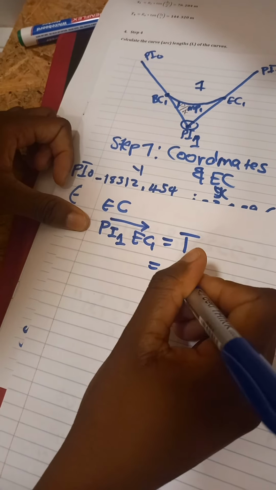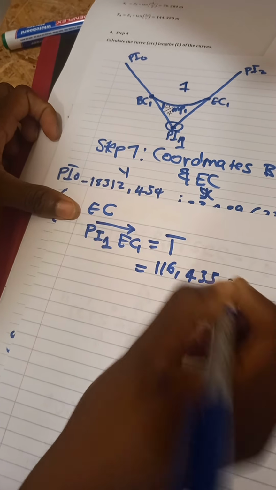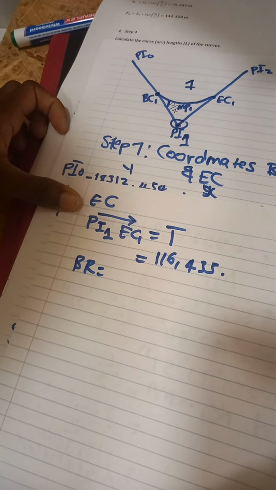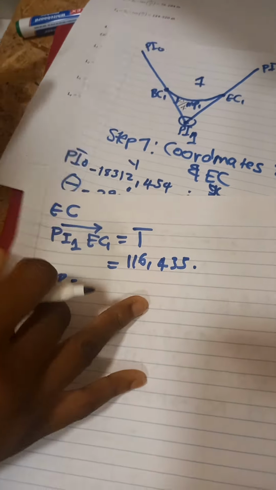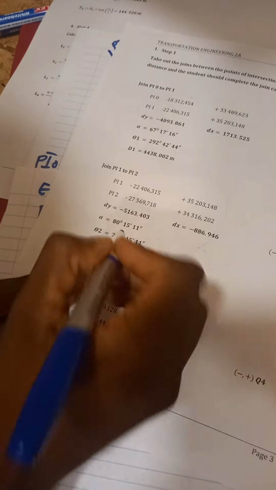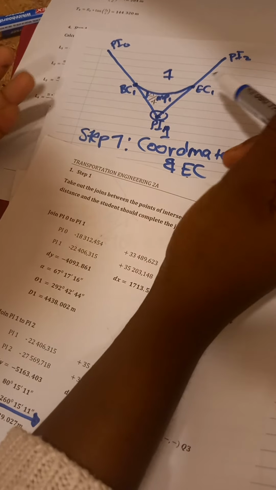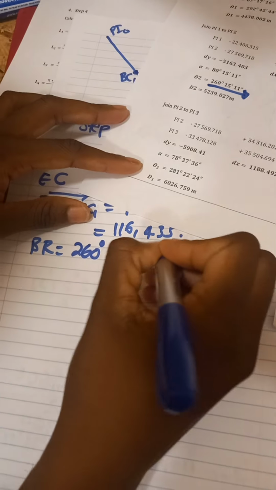Our tangent length is 116.435. So our bearing is the same as this one, 260, because PI1 to PI2 has the same direction as PI1 to EC1. So our bearing is going to be 260 degrees 15 minutes and 11 seconds.